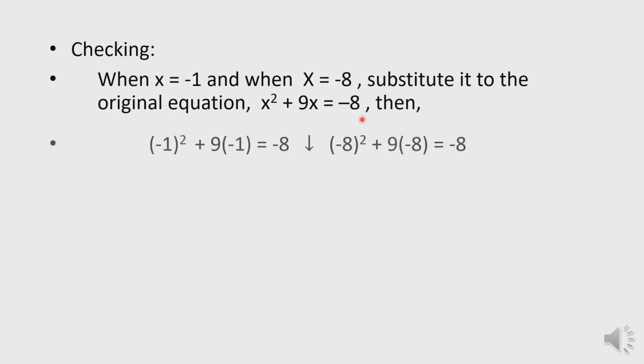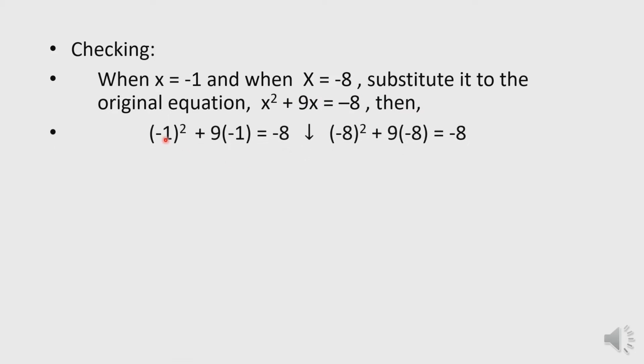Then you got negative 1 squared plus 9 times negative 1 is equal to negative 8. The other one, when x is negative 8, you got negative 8 squared plus 9 times negative 8 equals negative 8. So, when squared, you got 1 minus 9 equals negative 8.